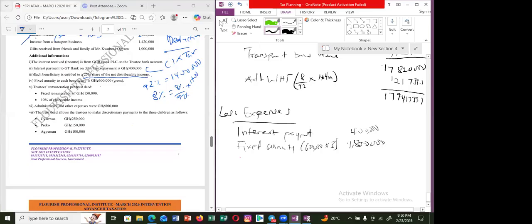And then there is also trustee's remuneration. Per the trust deed, they are to pay him a fixed remuneration as well as 10% of the chargeable income, right? So let's less the fixed remuneration. We'll come and less the 10% because we haven't found the chargeable income yet. So the fixed remuneration for the trustee, the one managing the trust, is 150,000 here, right? And then also, let's see, admin expenses.